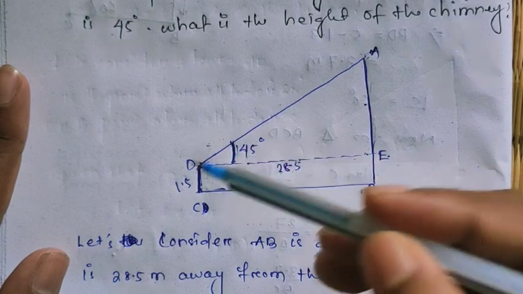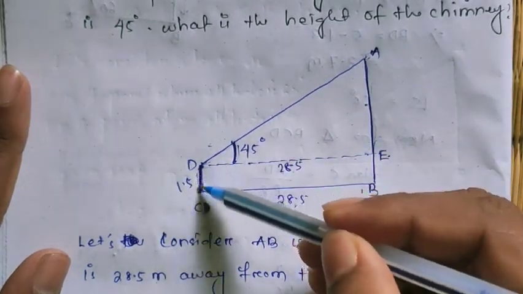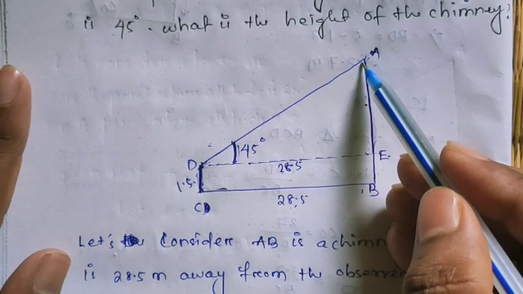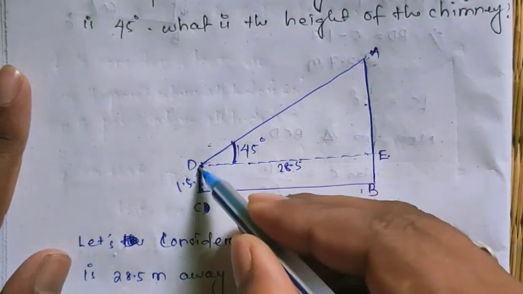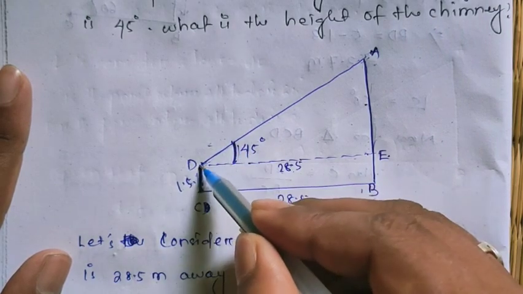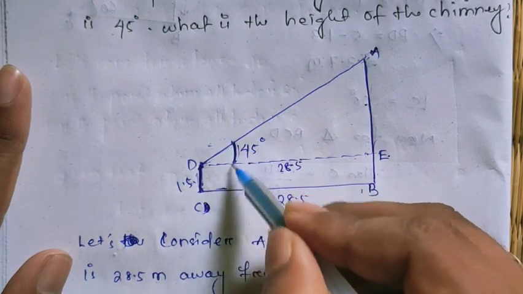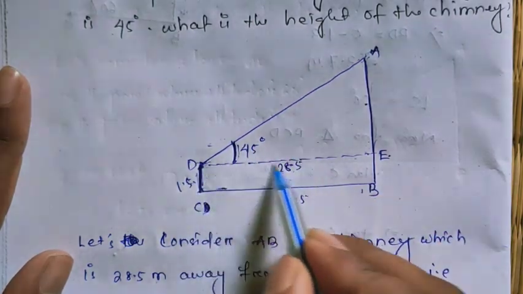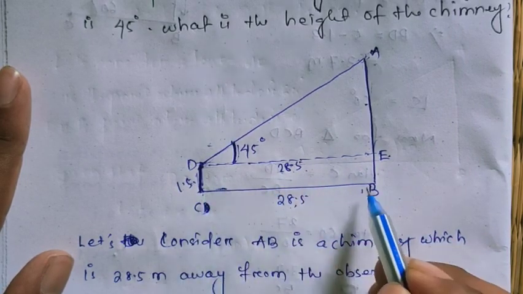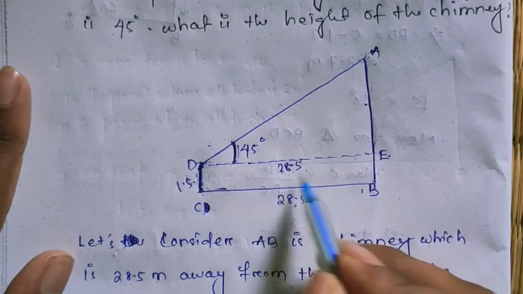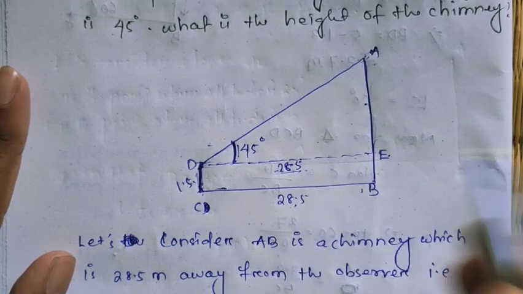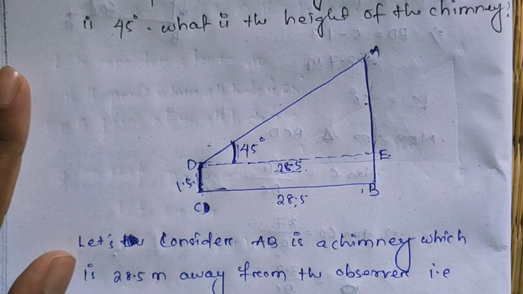Let's revise again over the figure. Given that an observer standing, whose height is 1.5 meter, is watching the top of the chimney, right? The man is 1.5 meter. So the angle of elevation is calculated from his eye, that is from here, that is your 45 degree. This will be your imaginary horizontal line, and this is also 28.5 meter because the man is standing 28.5 meter away from the chimney. We have to find out AB, that is the height of the chimney.